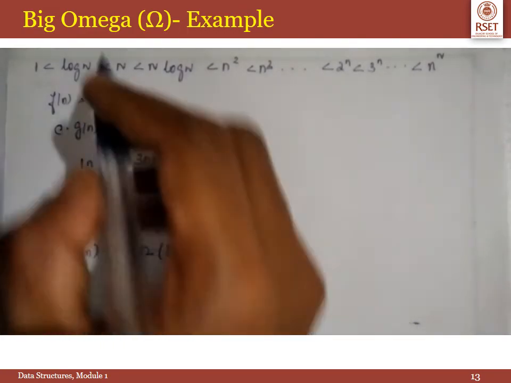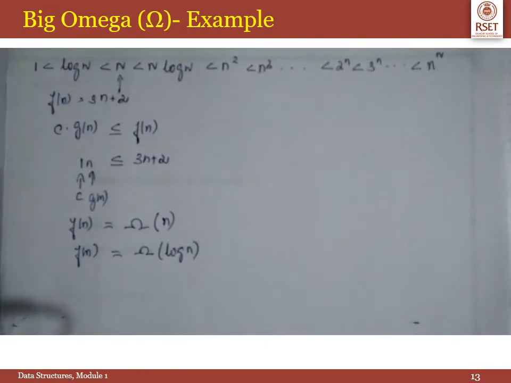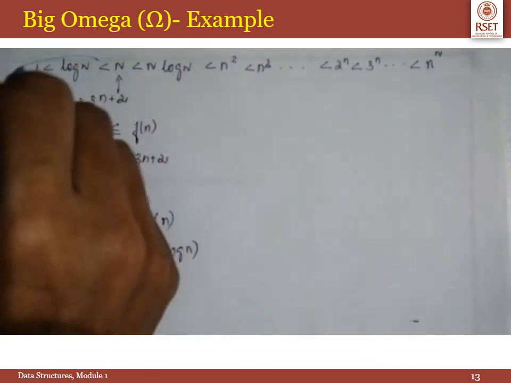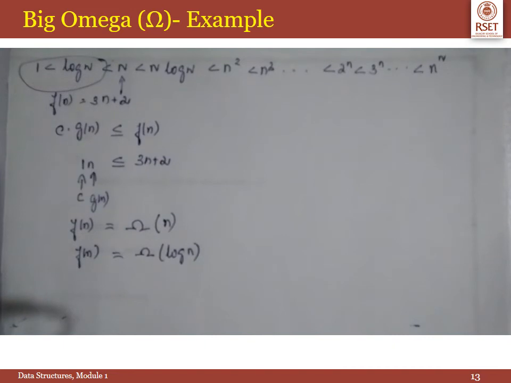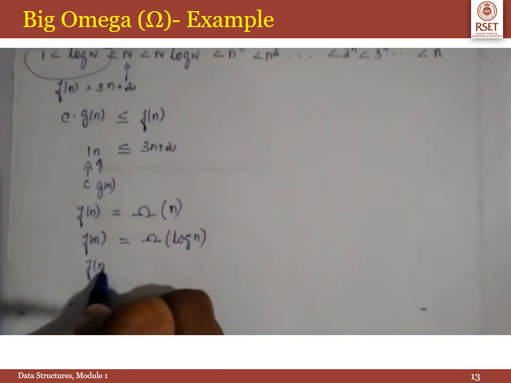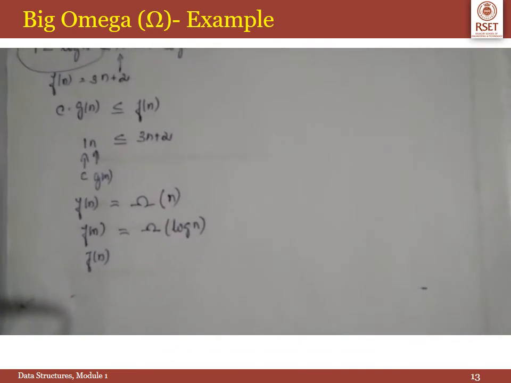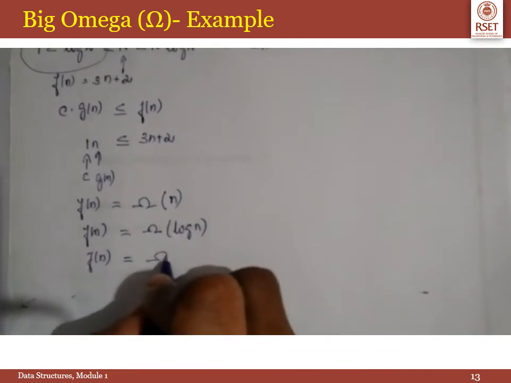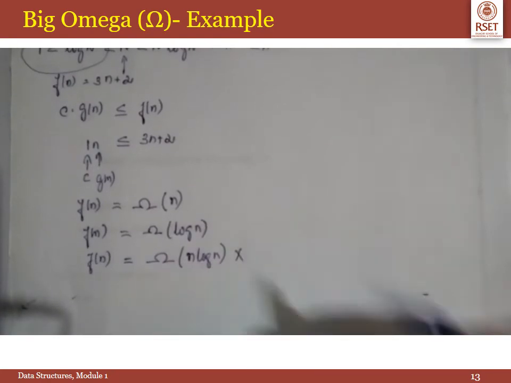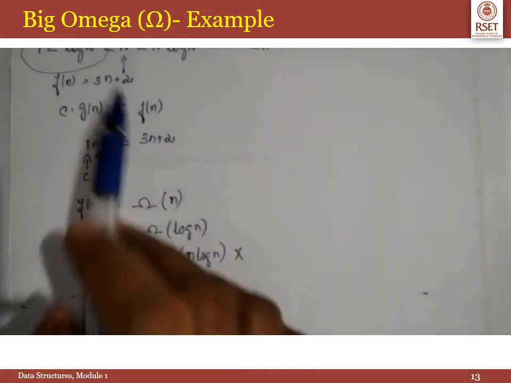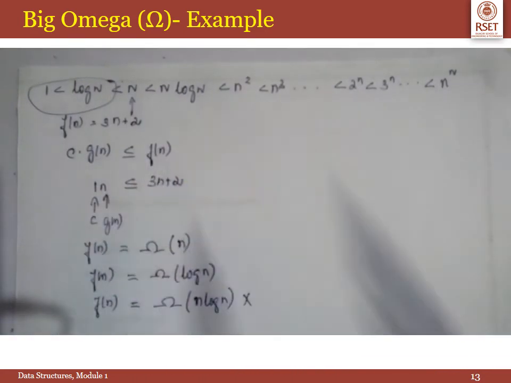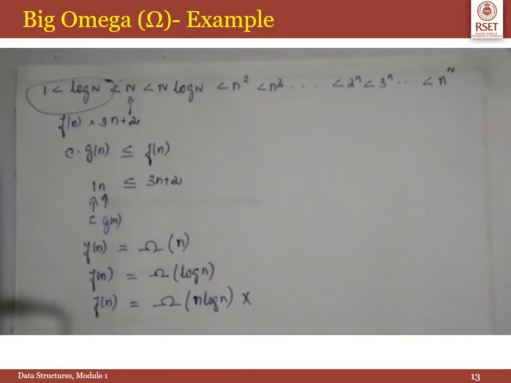Because this function 3n is actually mapped to this, so you can replace it by any smaller value on the left hand side. That will be true. But definitely I can't write f of n equals omega of n log n. That will be false. So I can replace it by any value on this left side, but I can't replace it on the right side.